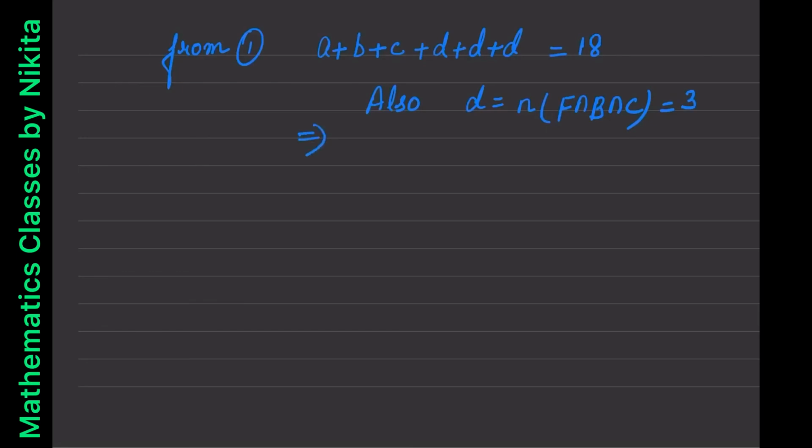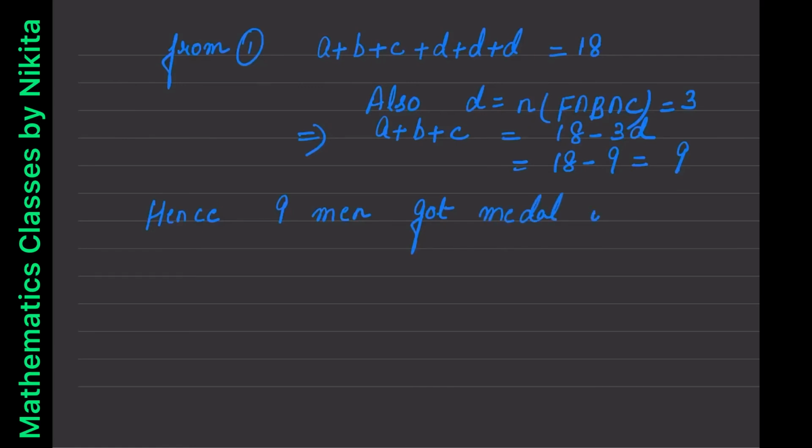So this implies that a plus b plus c is equal to 18 minus 3 times d, which is equal to 18 minus 9, which is equal to 9. So therefore, hence, 9 men got medal in exactly 2 sports.